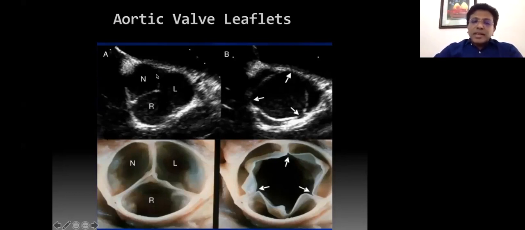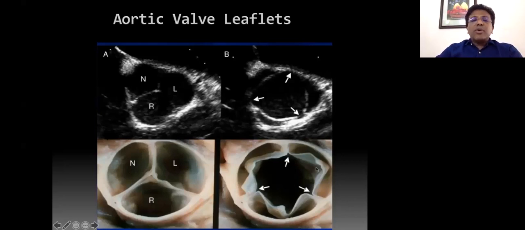And you can see that the leaflets are attached at a point which is known as the commissure. So it is when the commissural fusion happens that aortic stenosis happens. So valvular commissural fusion is a characteristic feature of aortic valve disease. This is again the anatomical picture of the cusps, the leaflets, and how the leaflets look when the aortic valve is open.